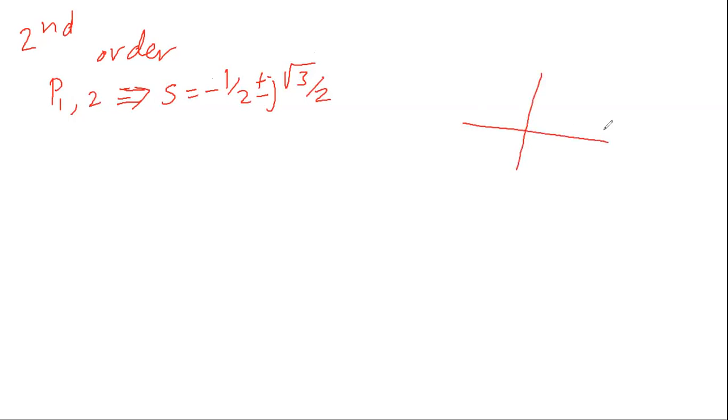If you plot the s plane, this is the real part and this is the imaginary part. The real part is minus half, and the imaginary part is square root of 3 divided by 2, so you have a pole here.